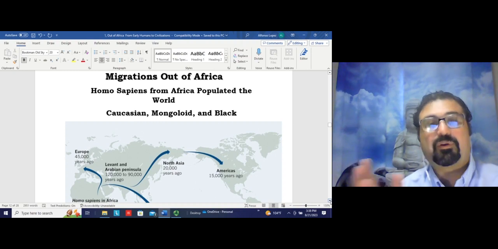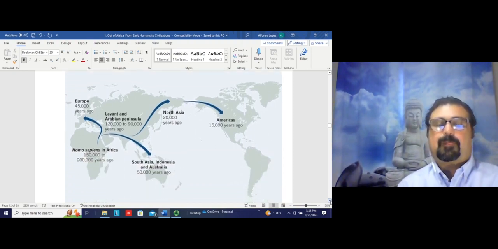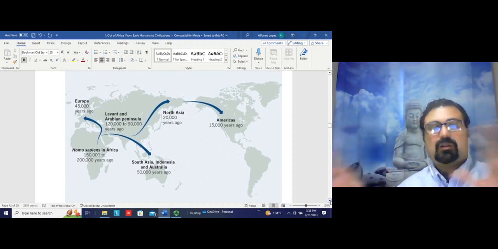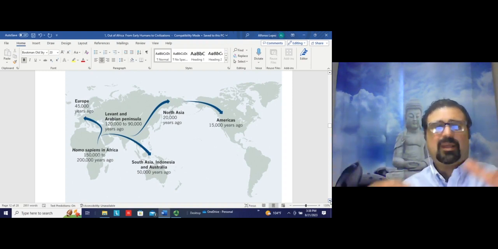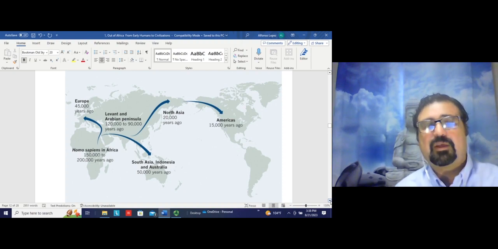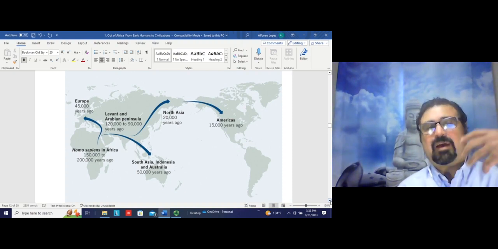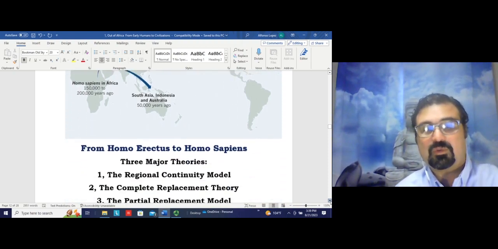Native Americans are part of this Homo sapien species that came out of Africa and traveled around the world, starting around 200,000 years ago, migrating and settling and becoming the different peoples of the world. So we're all connected, we're all part of the same human family, and we all have our origins back in Africa, the Homo sapiens.